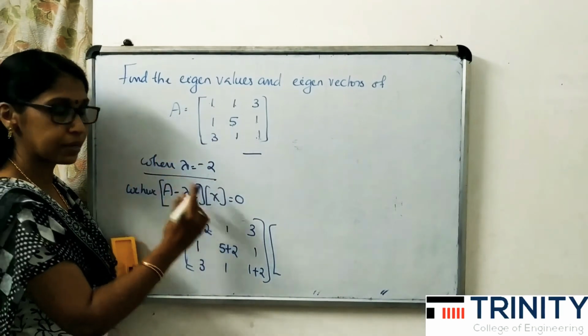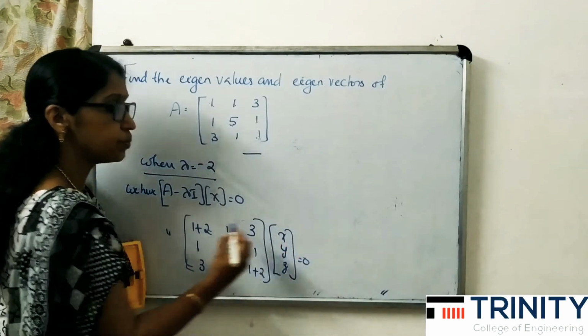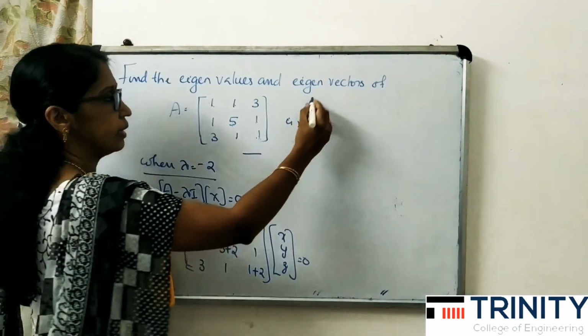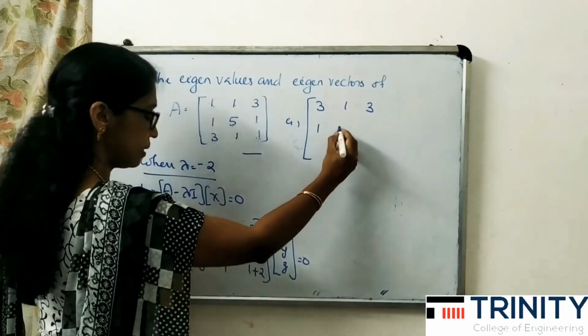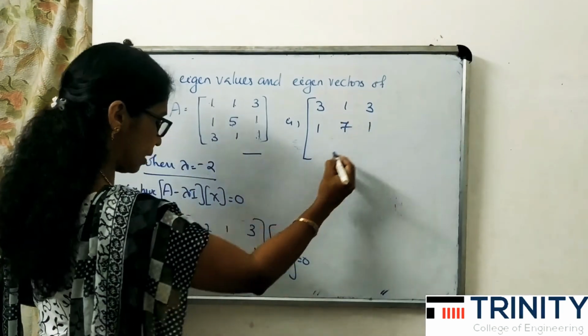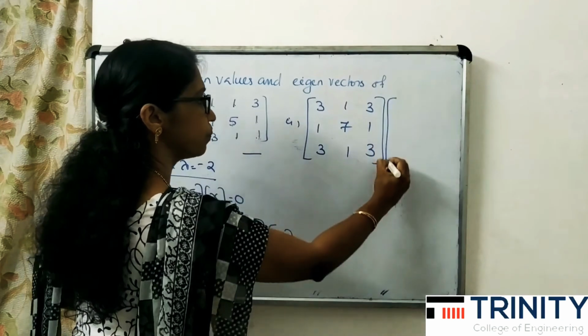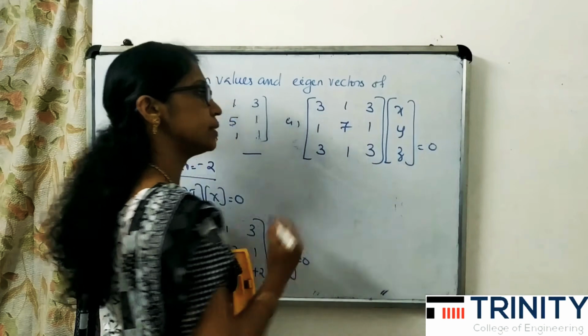This is a 3 by 3 matrix, so there are 3 unknowns, x, y and z, equal to 0. The matrix is 3, 1, 3, 1, 7, 1, 3, 1, 3 into x, y, z is equal to 0.